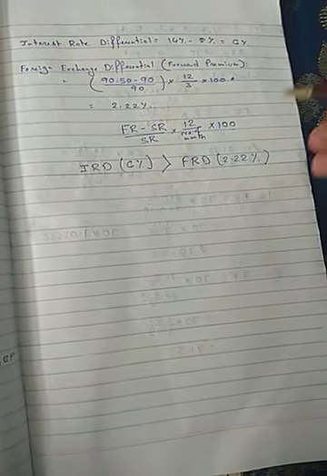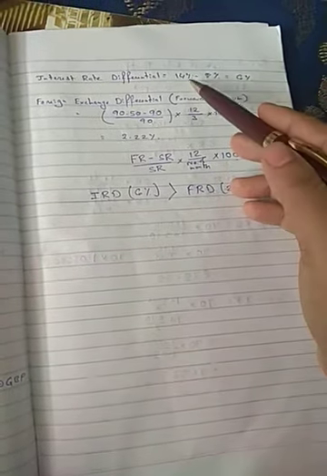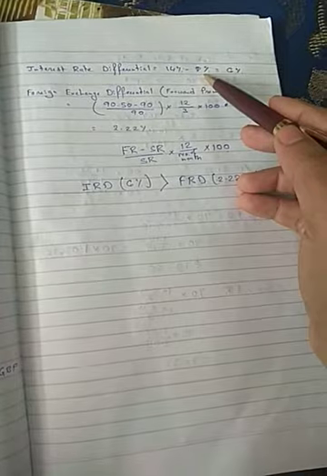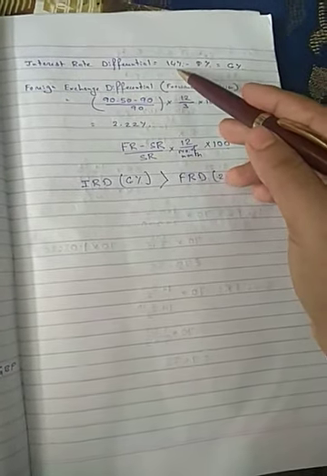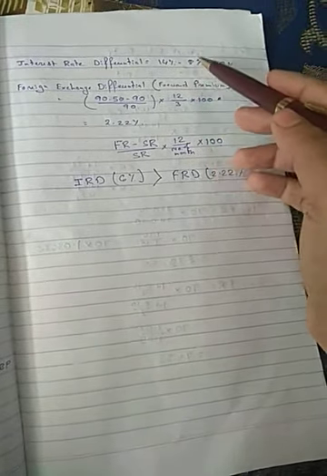And this tells us that we have to invest in the country with the higher interest rate. Since the interest rate in India is 14% per annum and in UK is 8% per annum, we have to invest in India. So to invest in India, we have to borrow from UK.